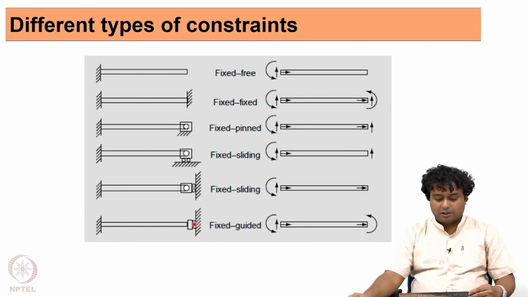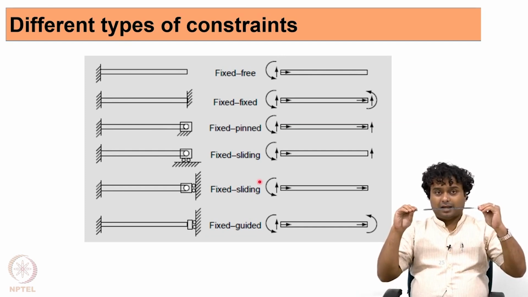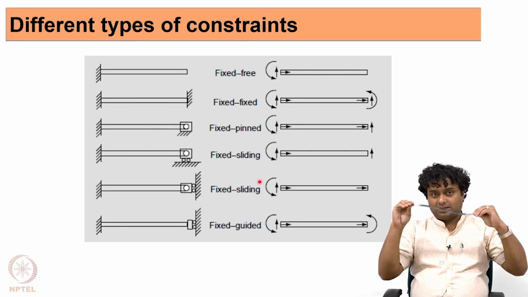Now, the last case is very important, that is fixed guided. Fixed guided means what? That it can slide in the y direction and there is no rotation allowed. So it is like this: one end is fixed and the other end can move, but like this.